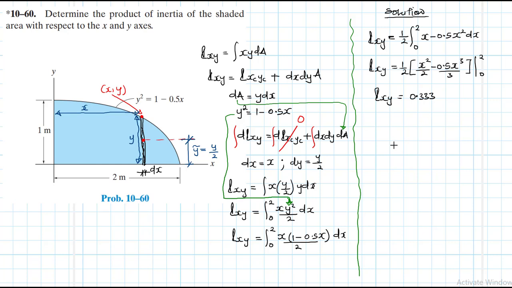Okay, so the product of inertia of the area is going to be equal to 0.333 meters to the power 4. Yeah, I think this is about it.